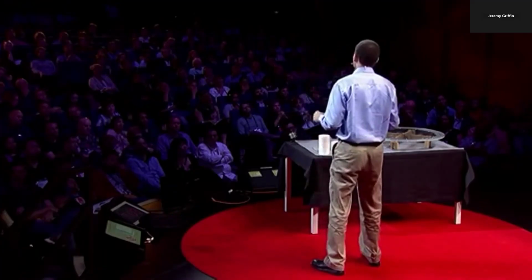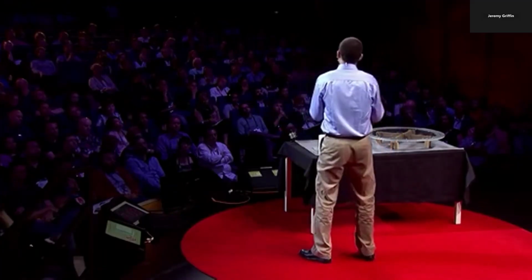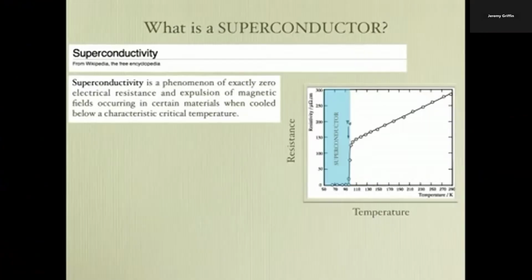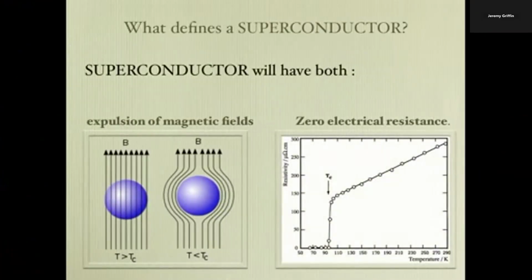But that's not all, because superconductors don't like magnetic fields. So a superconductor will try to expel magnetic fields from the inside. And it has the means to do that by circulating current. Now, the combination of both effects, the expulsion of magnetic field and zero electrical resistance, is exactly a superconductor.